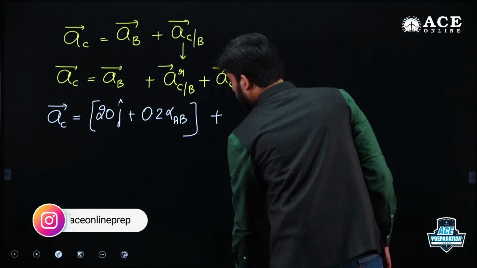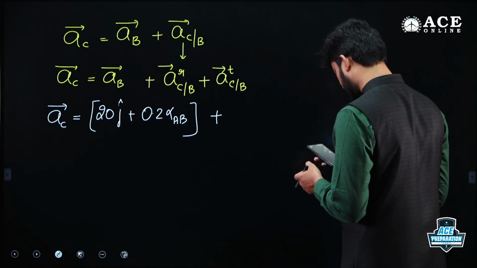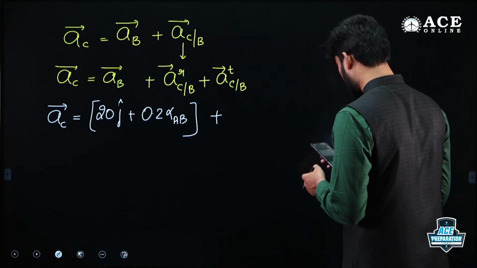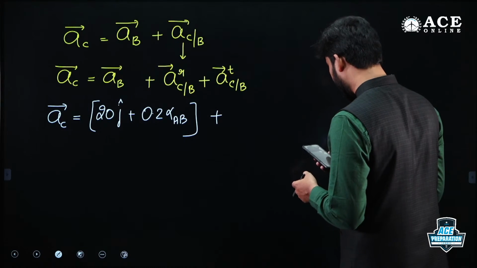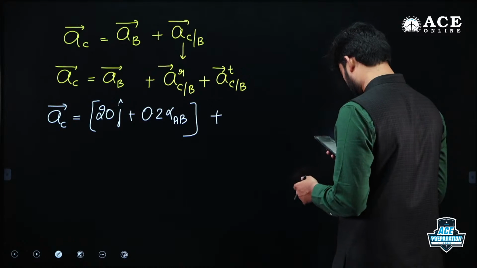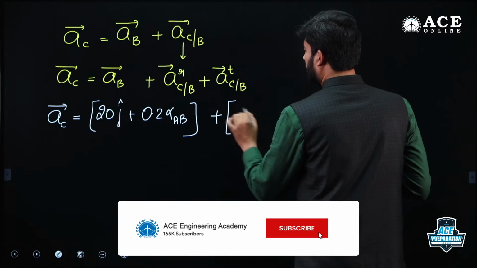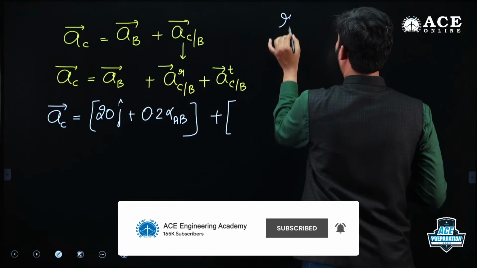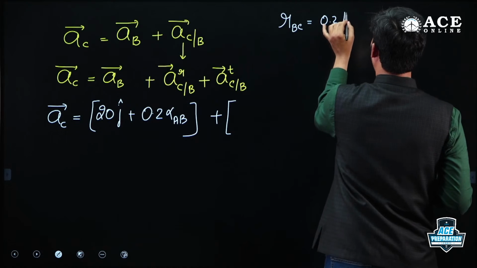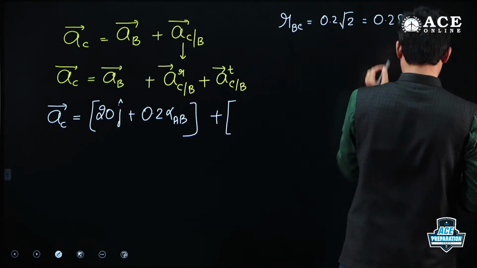Yes guys, what is root 2 times 0.2? Please respond. So RBC I am writing here as 0.2 times root 2, which is equal to 0.28.